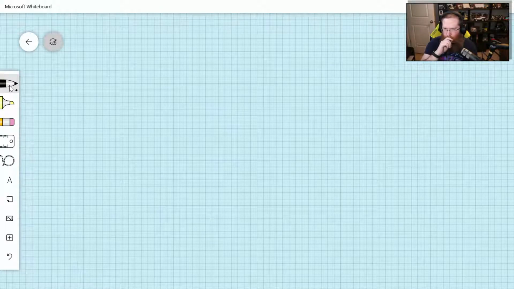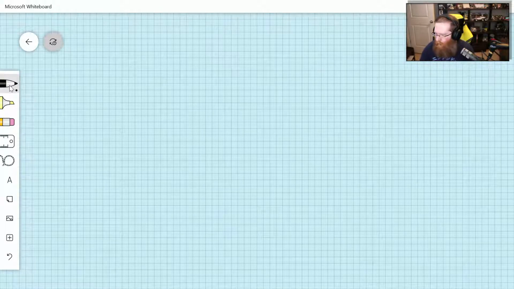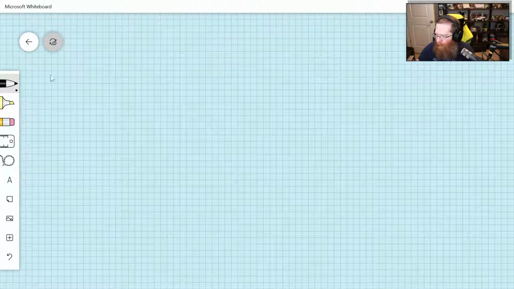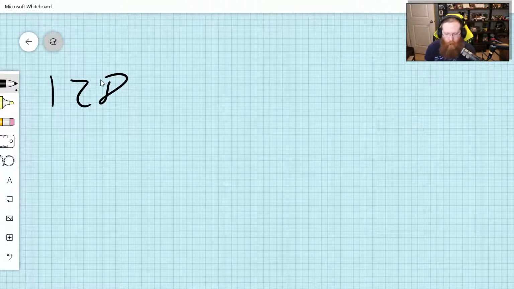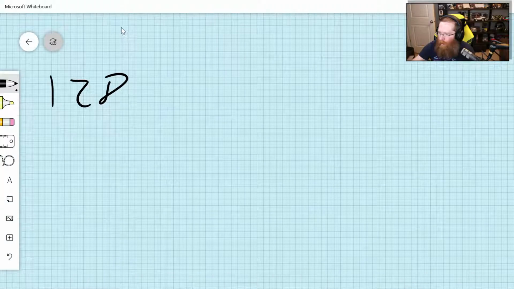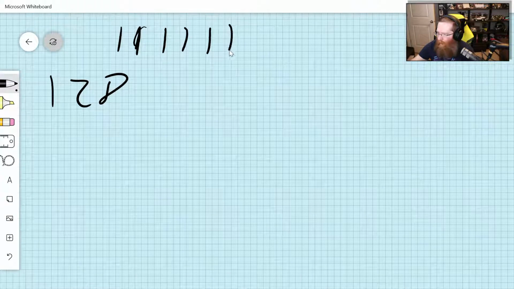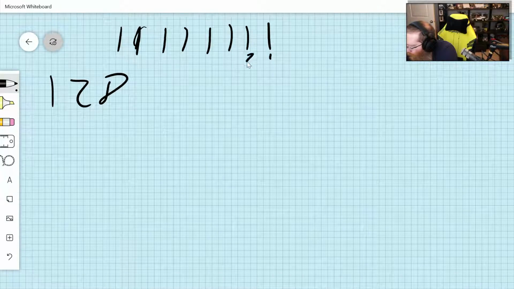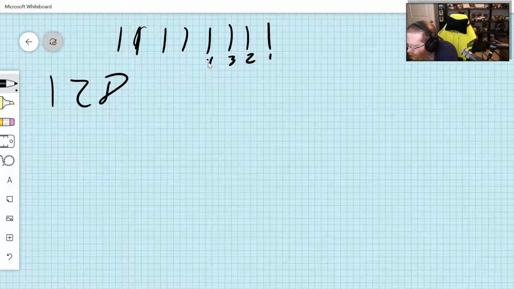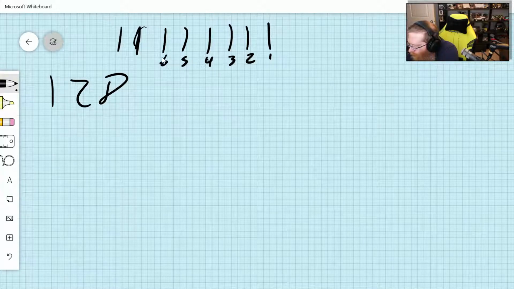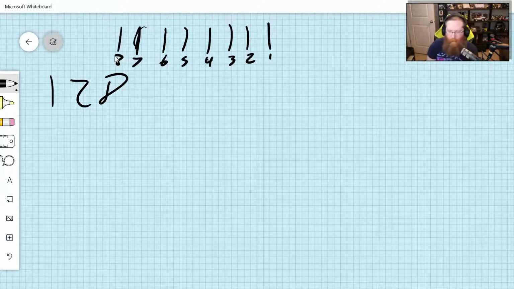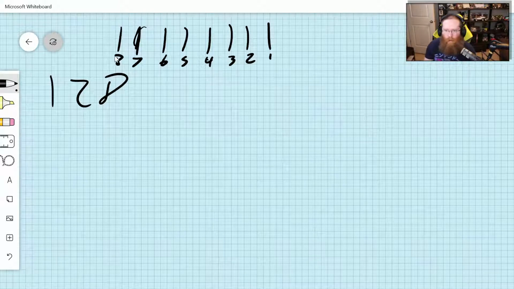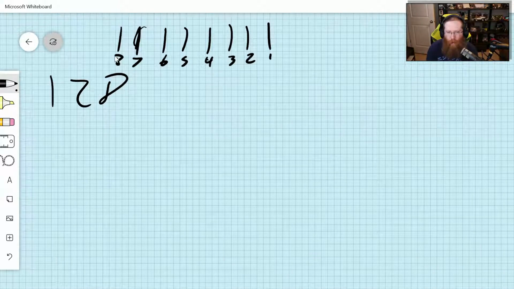Let's do a little bit of math, and you get to see how bad Ryan does math here. So 128, which is always going to be our 8th spot. I'm going to put little numbers underneath these for a second. You're going to notice I am working from the right to the left when I'm writing these outwards.